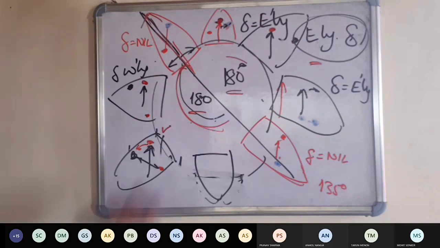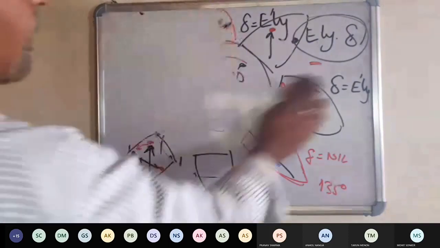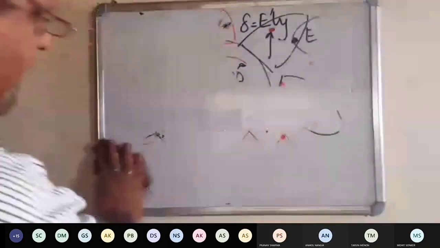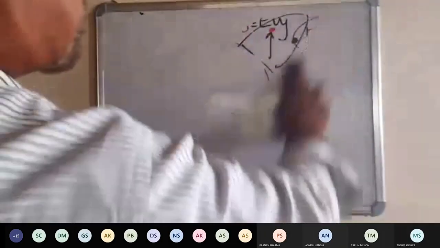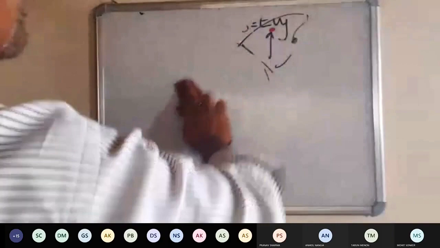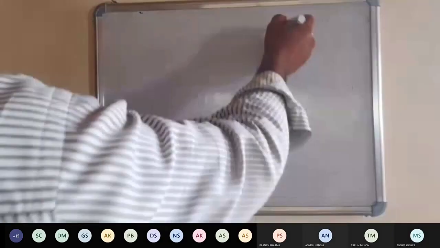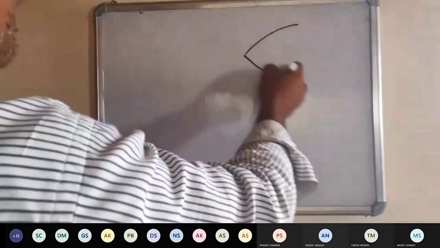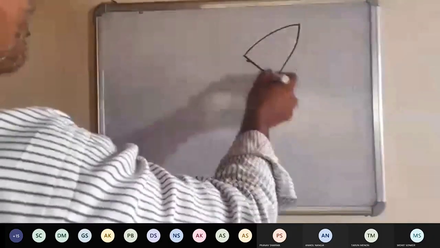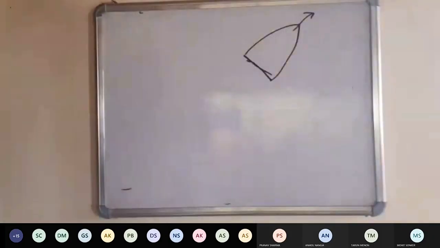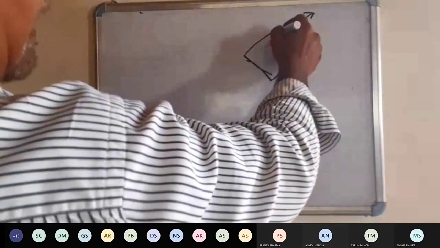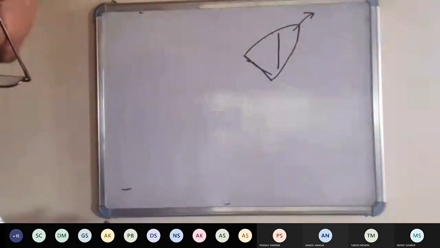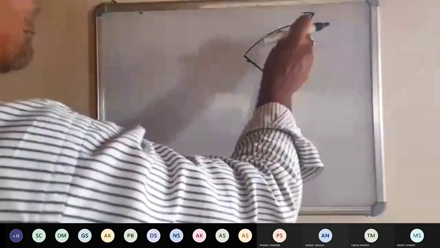If she was being built, for example, when she was getting built, if she was on this heading, the permanent magnetism will be developed like this, correct or not?